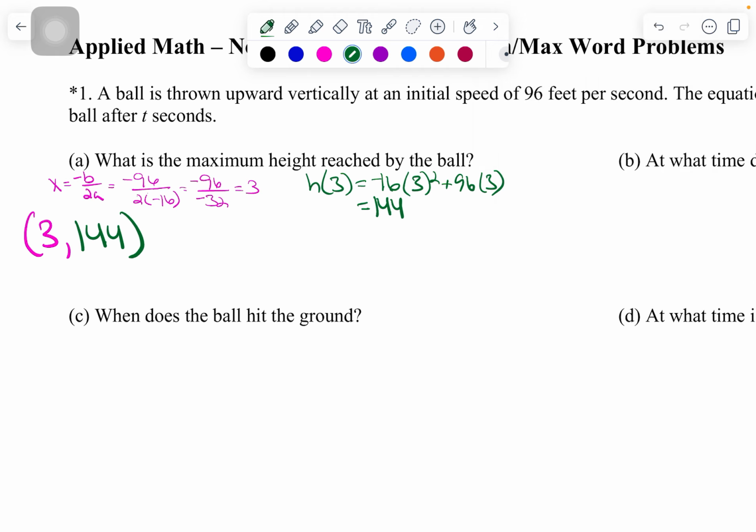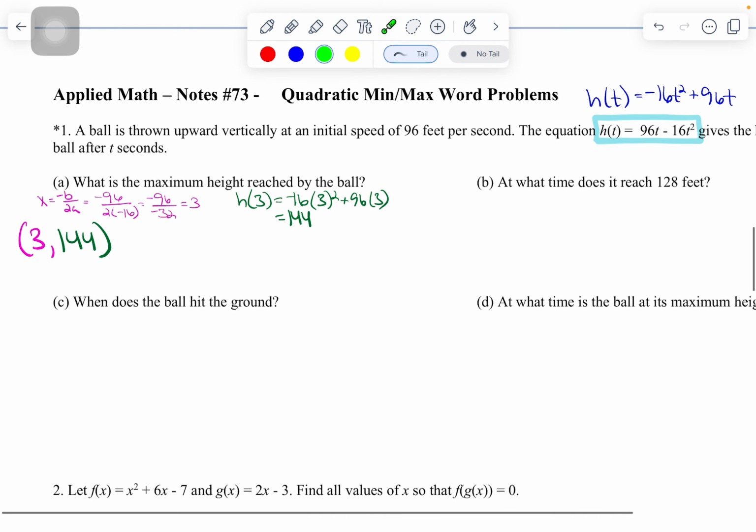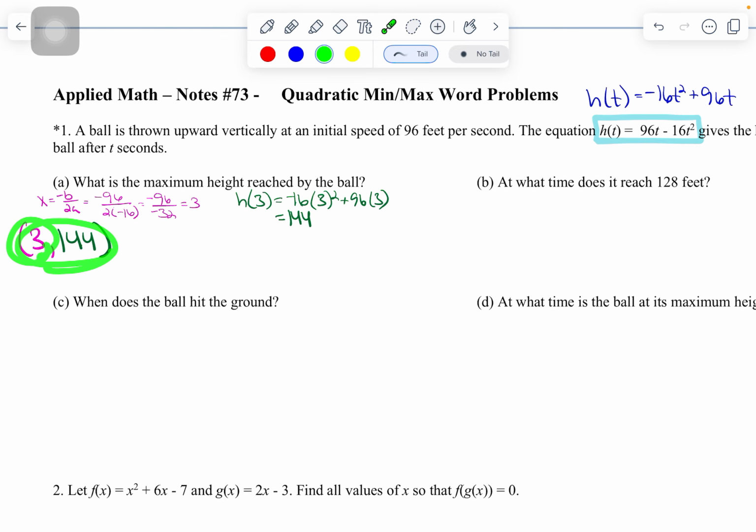All right, so we have this ordered pair now that says 3 and 144. One of these numbers is the maximum height, and one of these numbers is the time that the ball hits its maximum height.